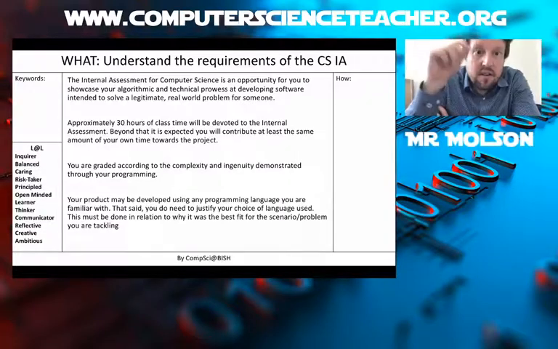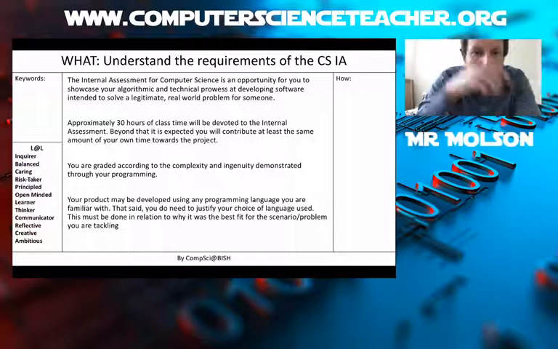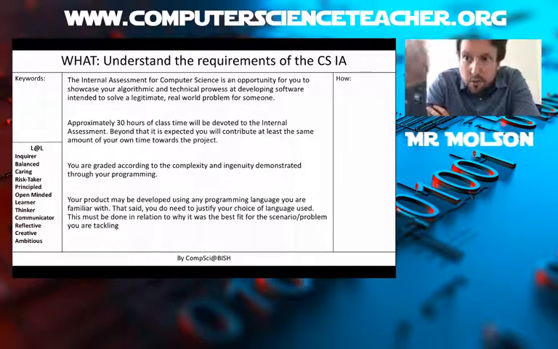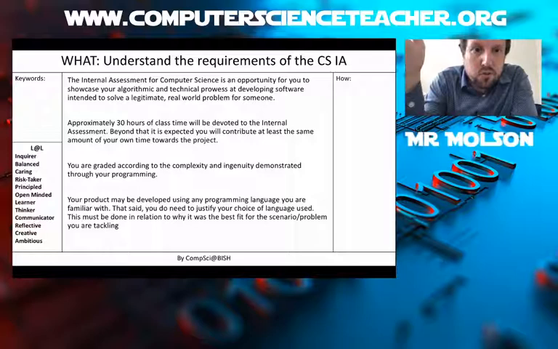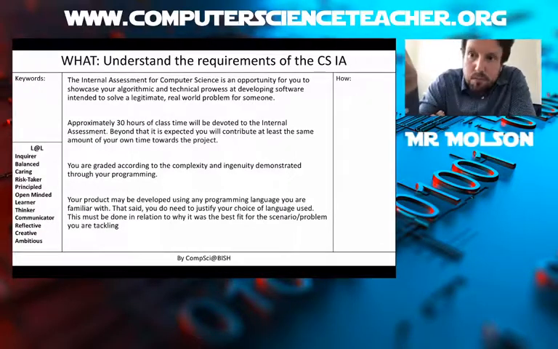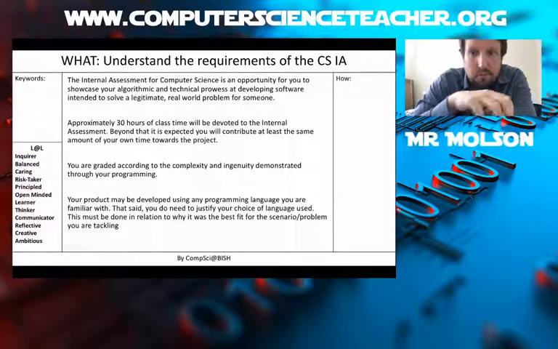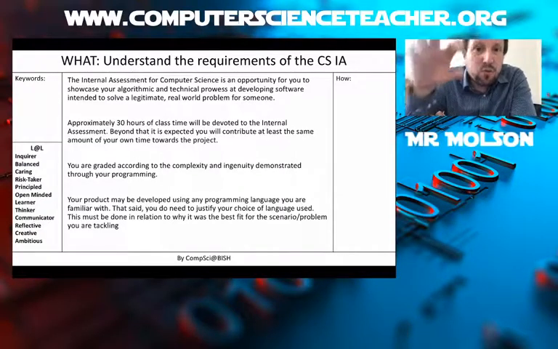People often have an idea for an IA, and then they try and find a client that will be their client for that solution that they've got. That's the wrong way around. You need to start by looking for a problem. So you need to find a client who's got a problem, and then your job is to create a solution to that problem. And then the programming language that you choose should be specific to that problem.